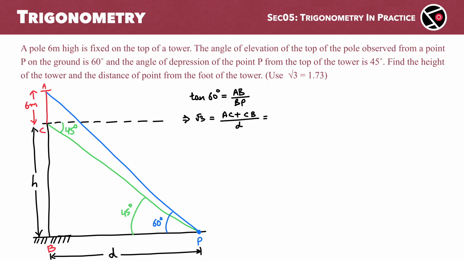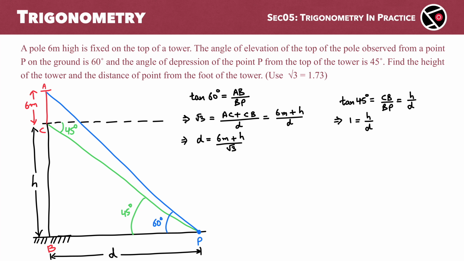So we have d is 6 meters plus h divided by square root of 3. For right angled triangle CBP, tan of 45 degrees is CB by BP. Solving further, we get d equal to h.